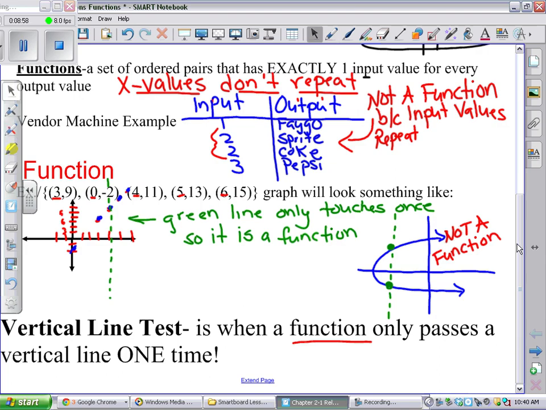Let's look at another example. So again, draw your line anywhere on the function.